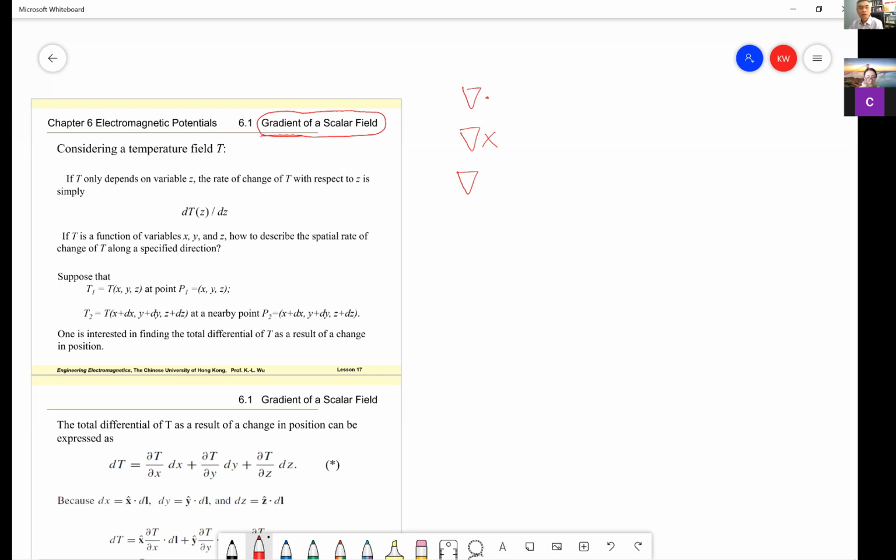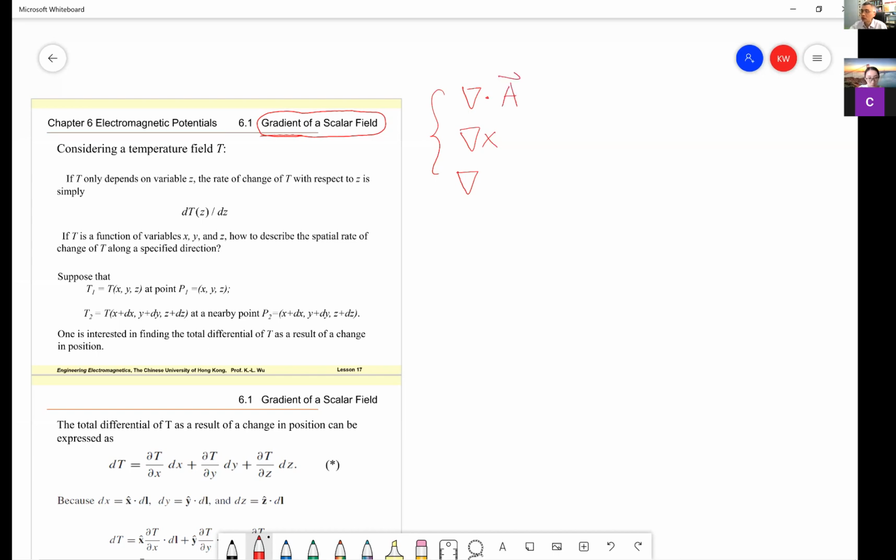These three differential operators are the only three that can describe all the variations of physics variables. So it's sufficient. We discussed the first three.